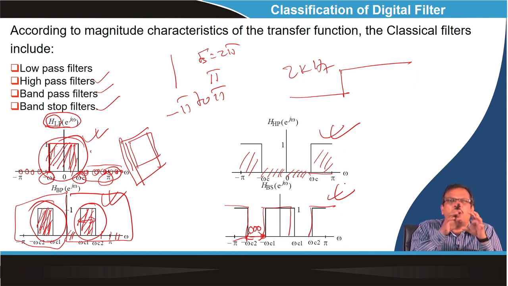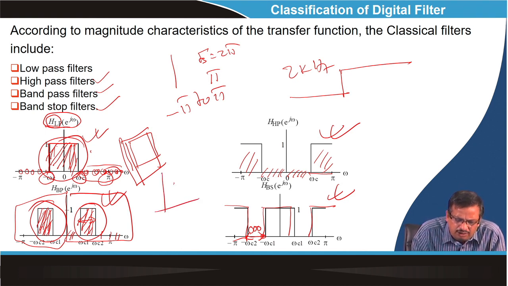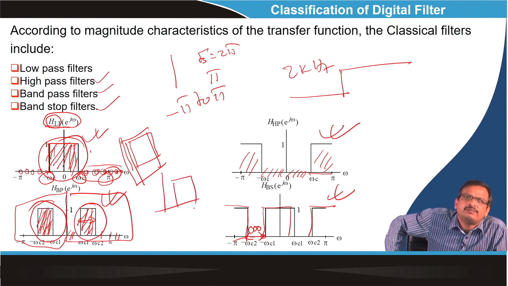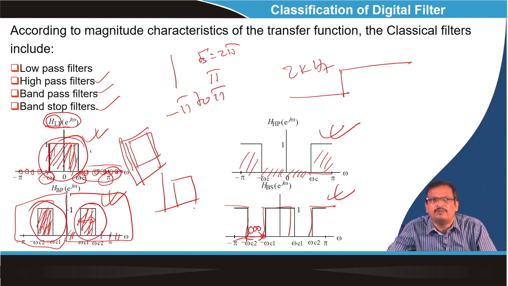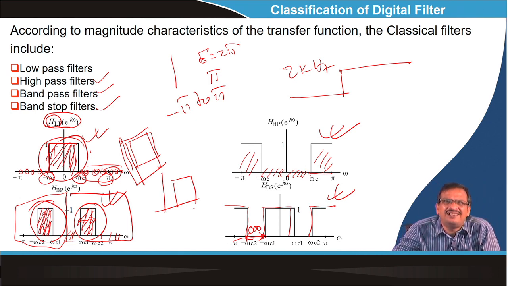So ultimately it boils down to how do I design this low pass filter? What should be the algorithm to design this low pass filter? That is our target.